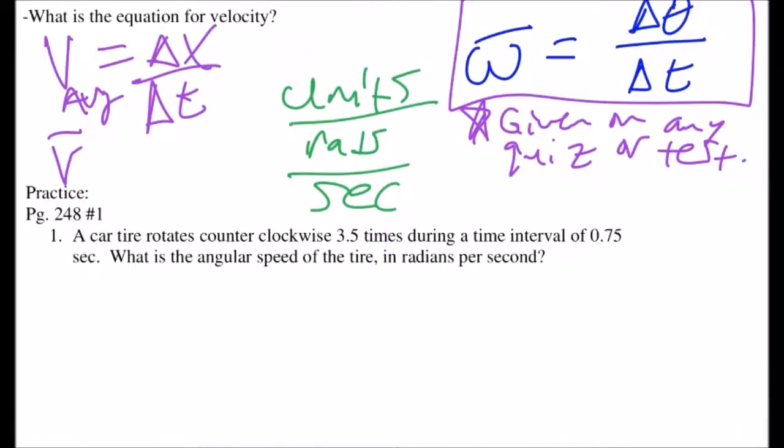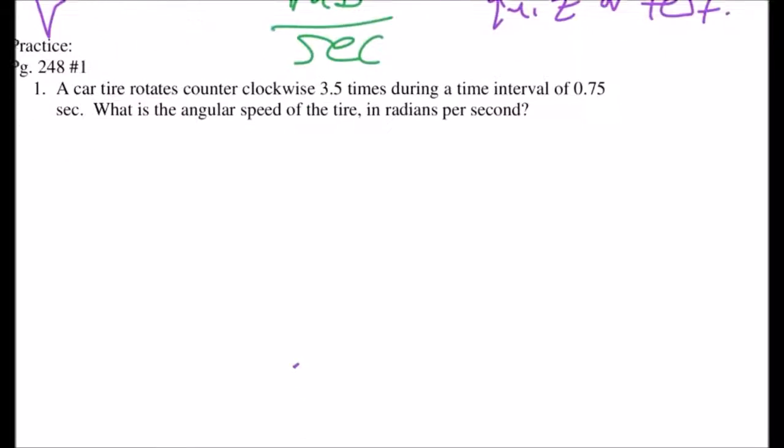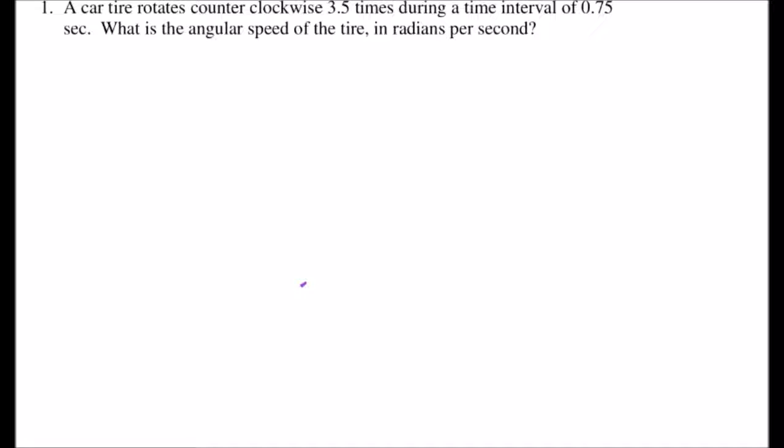Okay, so let's see if we can answer this question here. A car tire rotates counterclockwise 3.5 times during a time interval of 0.75 seconds. What is the angular speed of the tire in radians per second? All right. So delta theta. What does delta mean? Change.